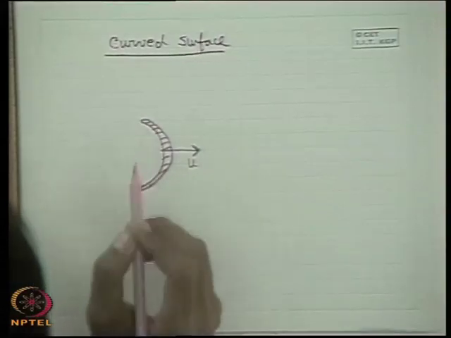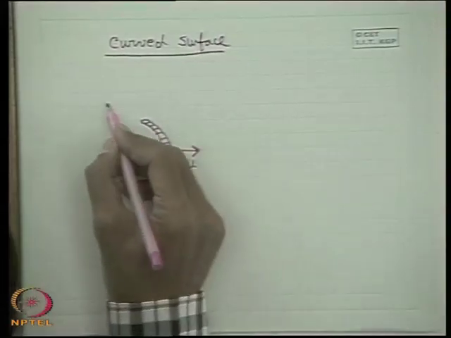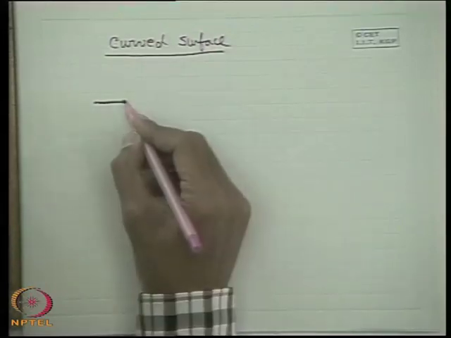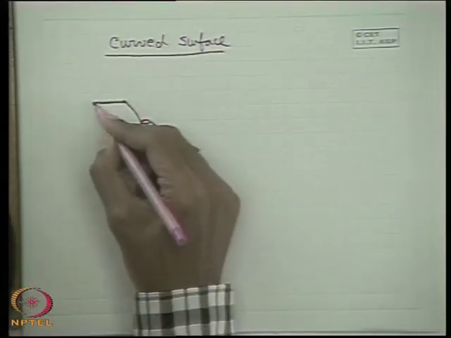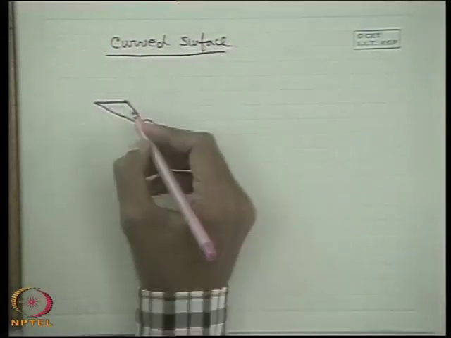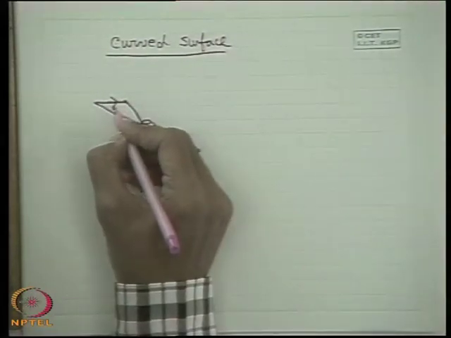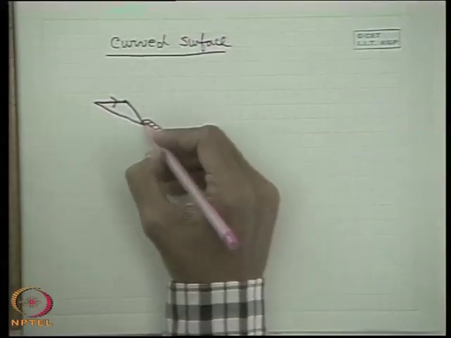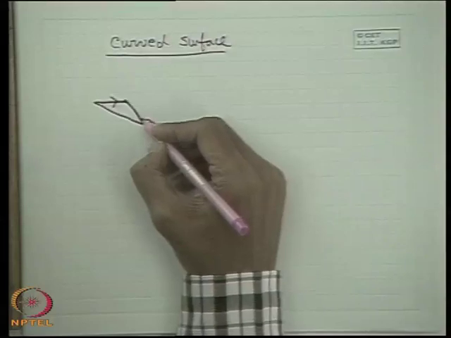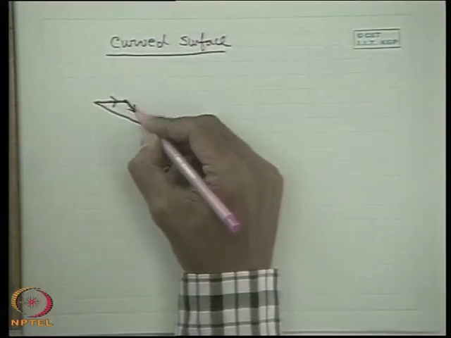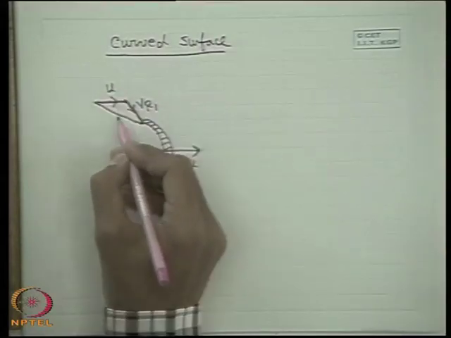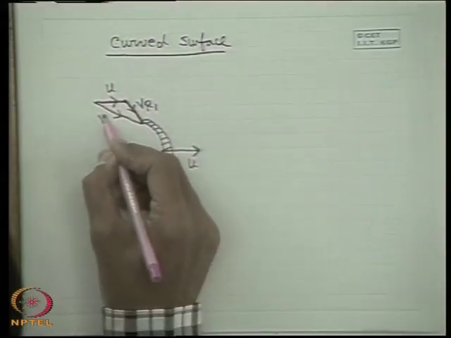Let us draw the velocity triangle. Well, this is Vr1, this is u, and let this be V1.